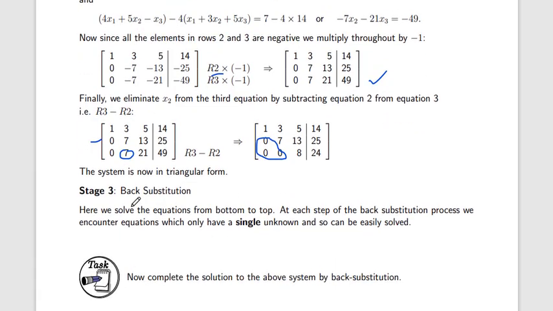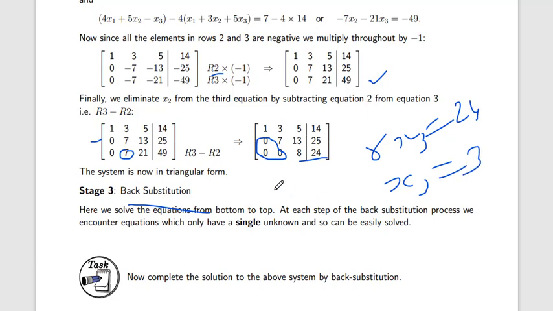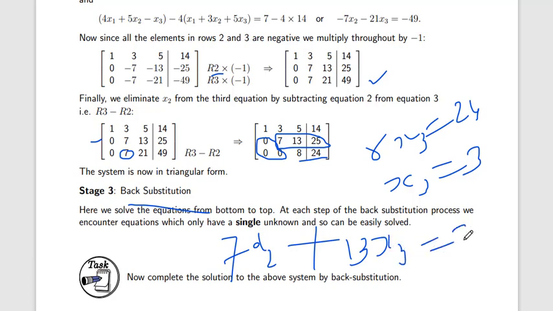So now with the help of back substitution we can solve this. How to do back substitution? First of all, 8x3 is equal to 24. So we have the answer x3 is equal to 3. Okay, now the second row becomes 7x2 plus 13x3 is equal to 25.